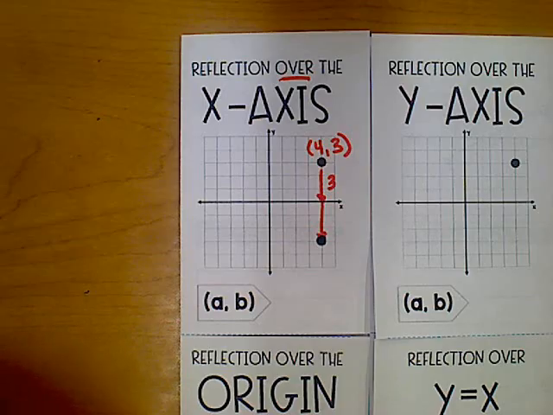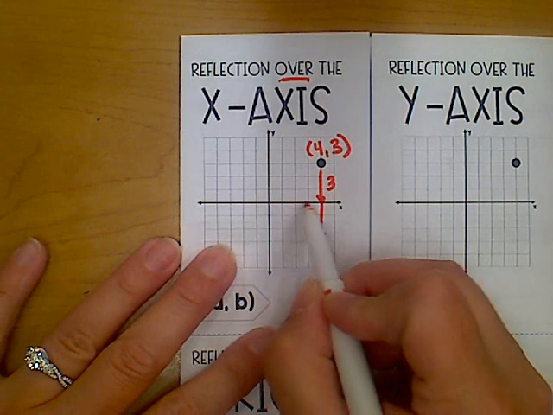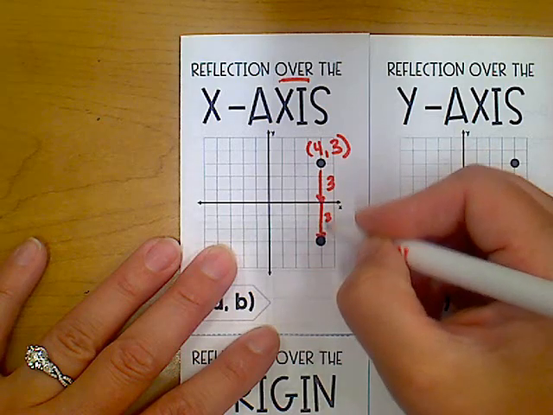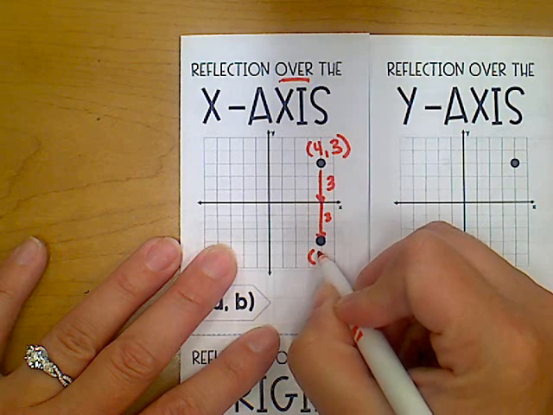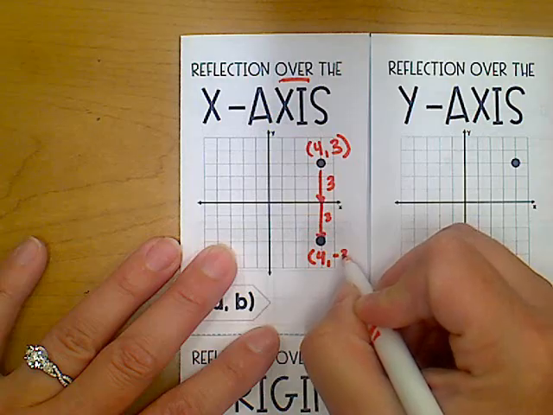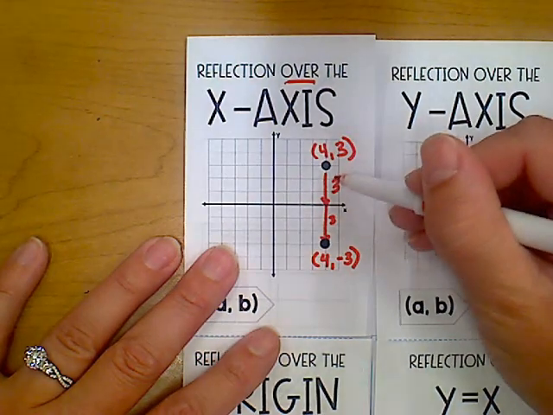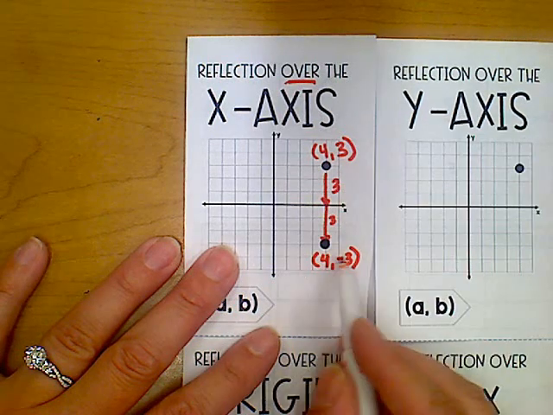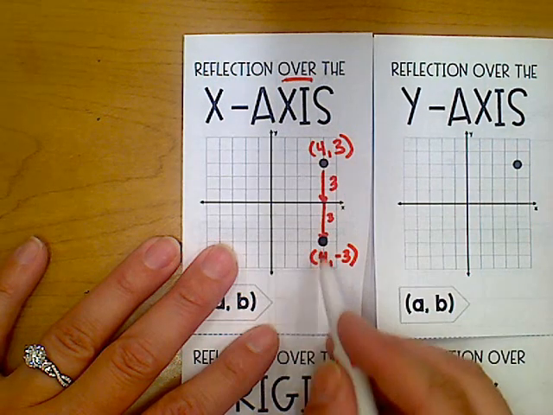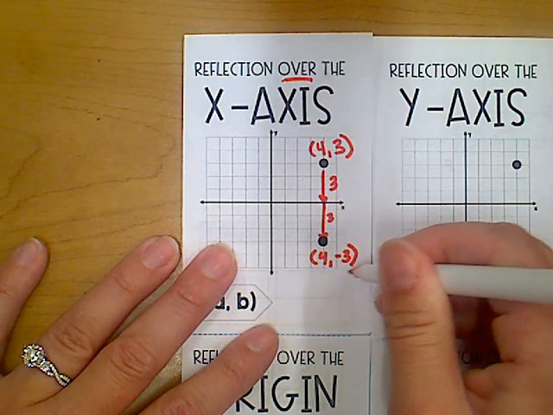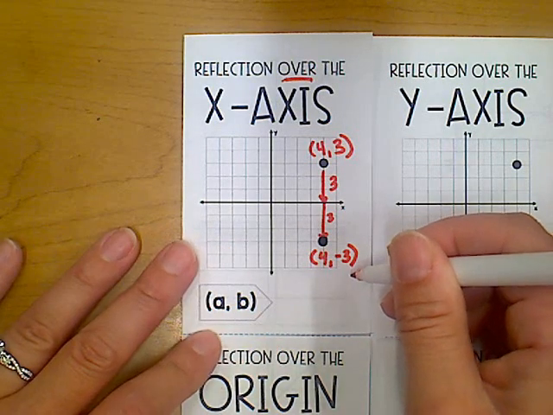My new point is at 1, 2, 3, 4, but instead of going up 3, now I need to go down 3. So my new ordered pair is (4, -3). See how by going just over the x-axis, this point doesn't move side to side at all. It's just moving down this way, which is why the change happened in our y-coordinate.